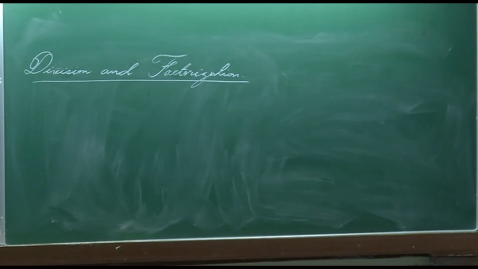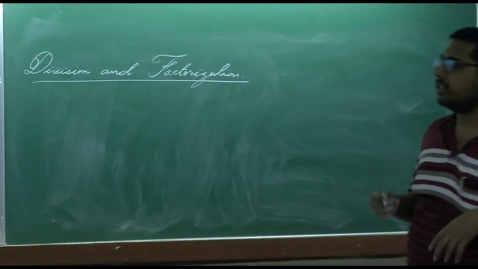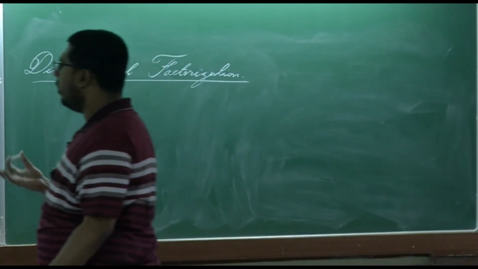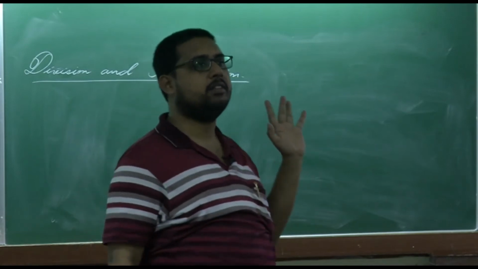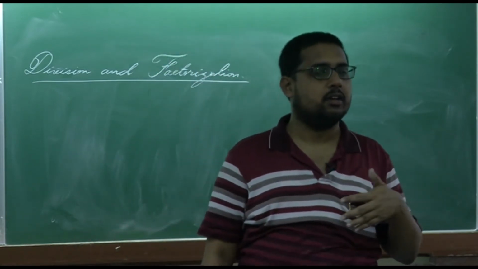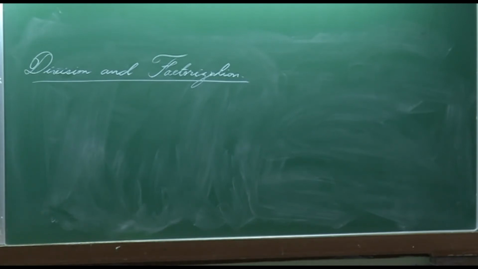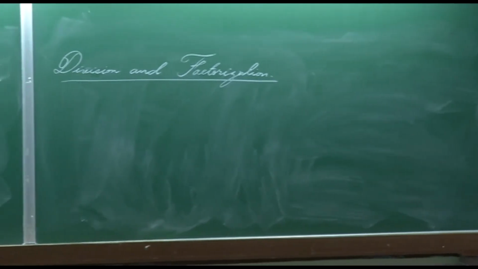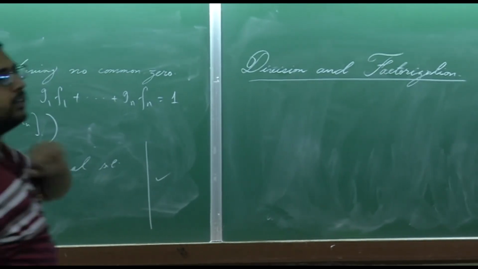If you have observed carefully, you must have noted that many things that we prove regarding integers, related to division and factorization, are either immediate consequences of the division algorithm, or of something which is itself a consequence of the division algorithm.